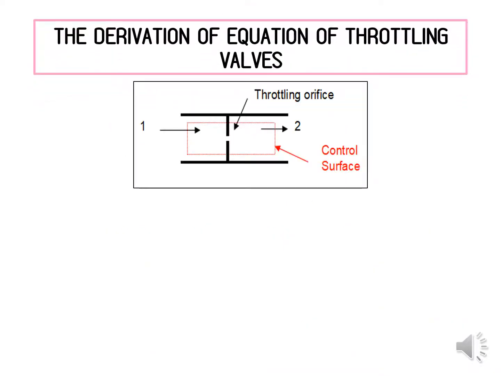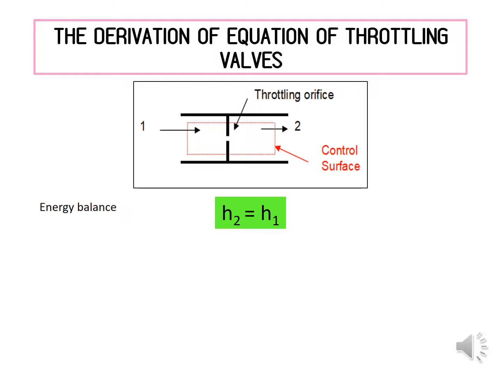Now, the derivation of the equation of the throttling valve. From the diagram of a throttling valve, it has the throttling orifice and also the control surface. At the entrance, we label point 1 and the exit we label point 2.